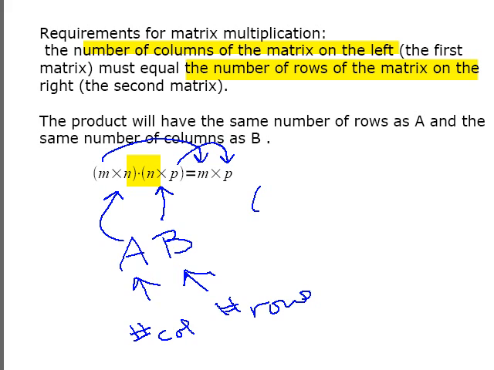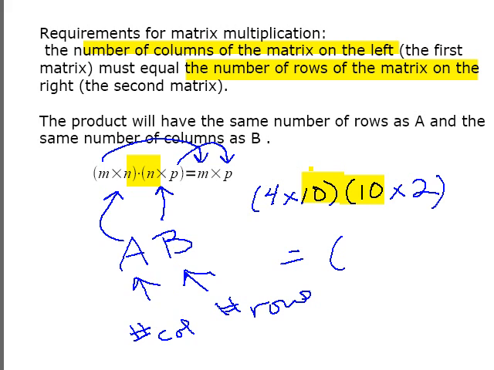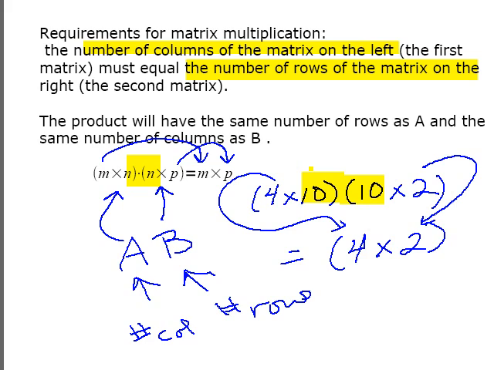Let me put some numbers to that. Say I have a matrix that's 4 by 10, 4 rows, 10 columns. I can multiply any matrix now that has 10 rows. Let's say I have a 10 by 2. So I can perform this multiplication because the number of columns in the first matrix equals the number of rows in the second matrix. And the answer will have 4 rows and 2 columns. 4 came from the first matrix and the 2 columns came from the second matrix.